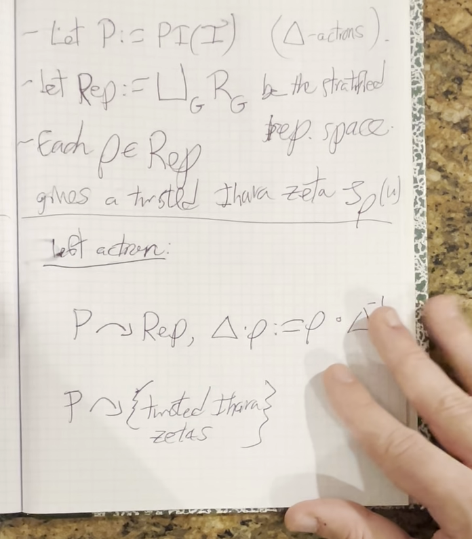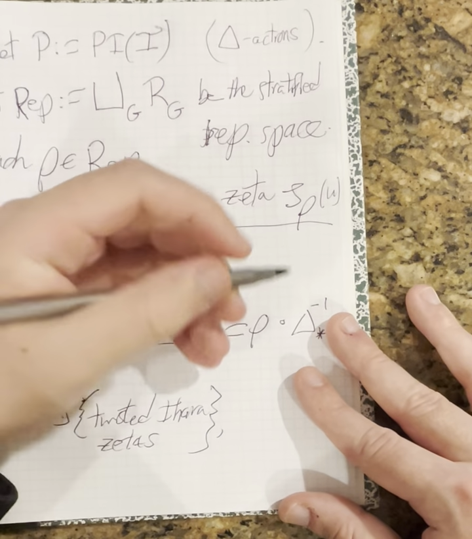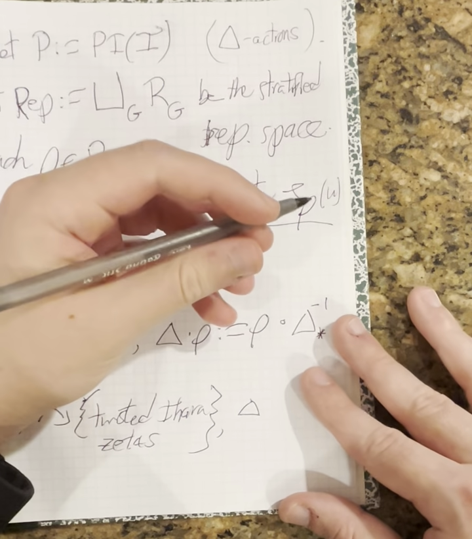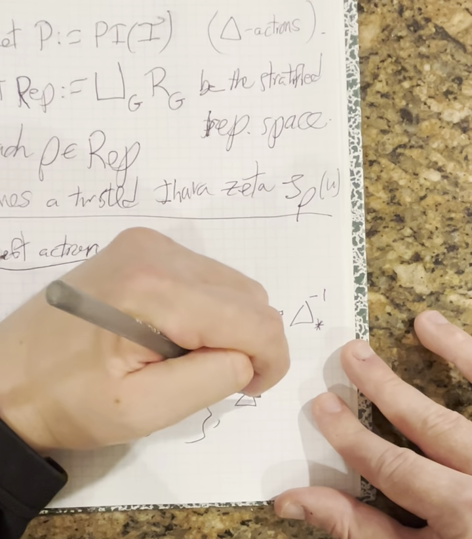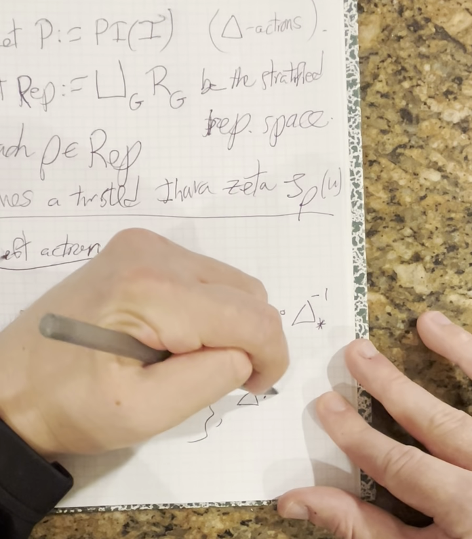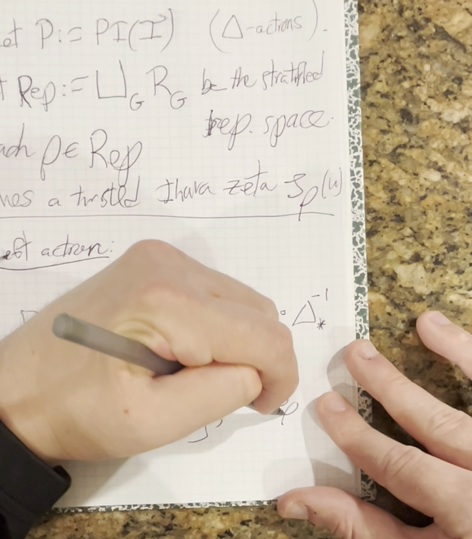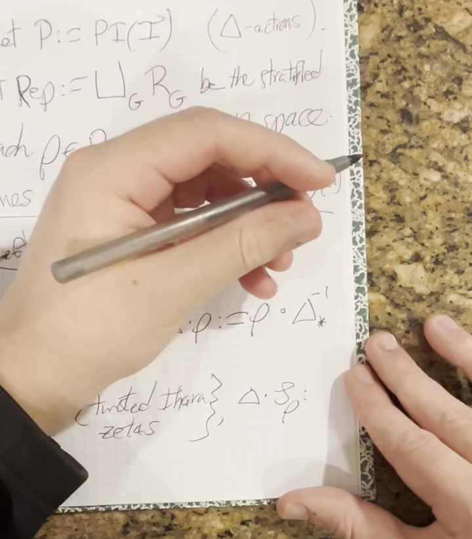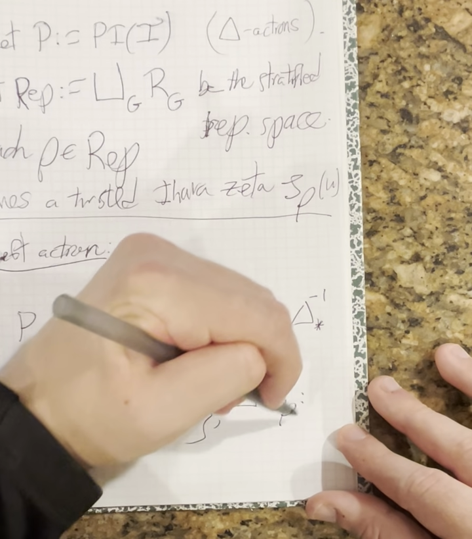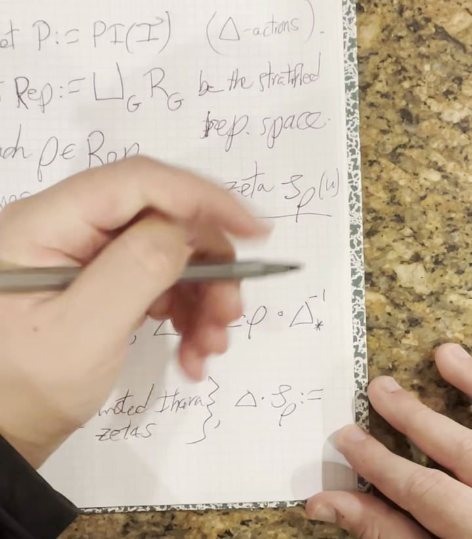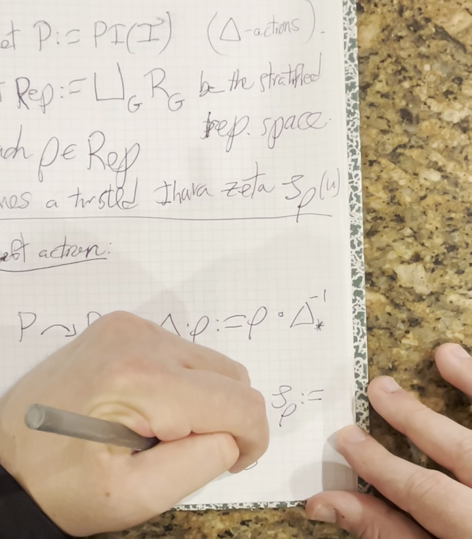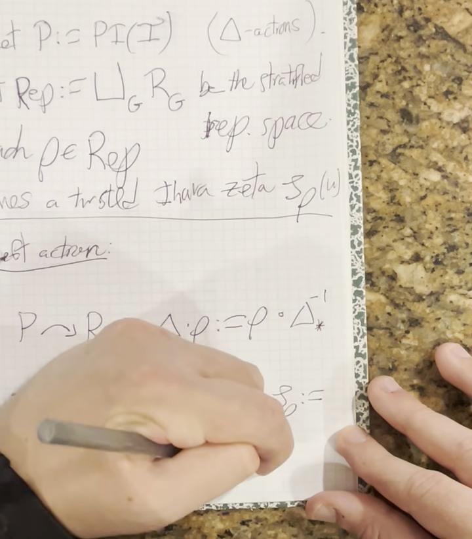So delta dot zeta rho is defined to be zeta of delta dot rho.